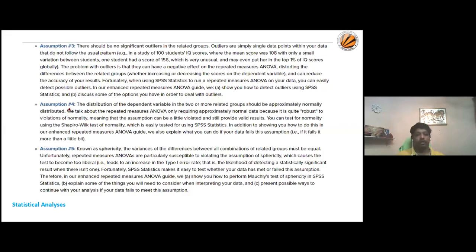Again, you can use SPSS for normality. I want to insist on the word here: approximately normally distributed. It means that if your data is approximately normal, you are eligible to use a parametric test.